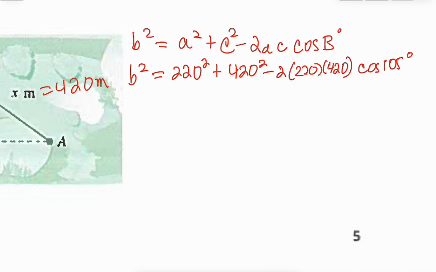Oh, anyway, so we find that b squared is approximately a very large number, 272,000. I'm sorry. I'm trying to look at something that is so tiny on my iPad or on my MacBook.